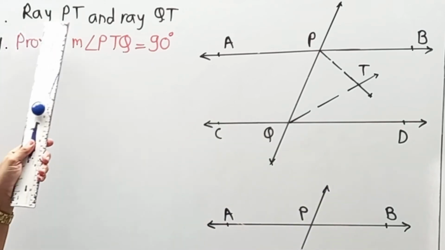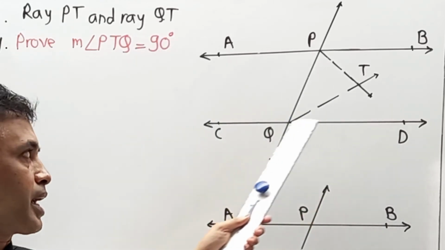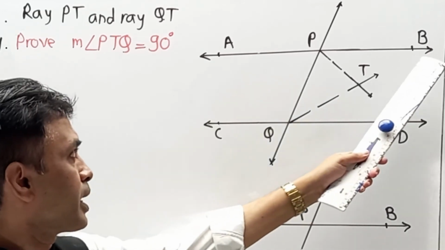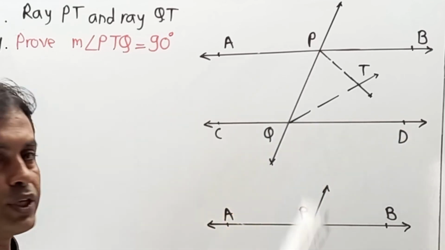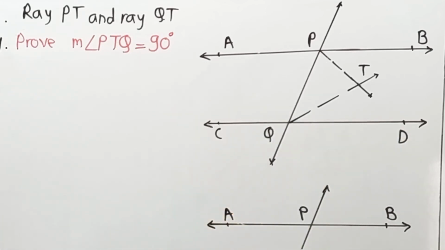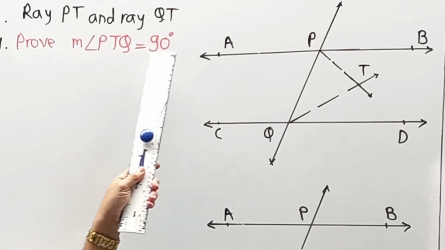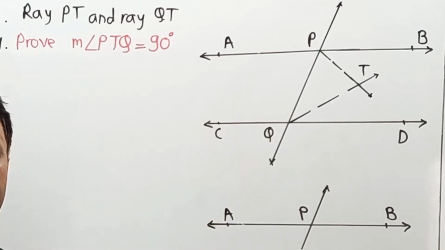Next, ray PT and ray QT are angle bisectors of angle BPQ and angle PQD respectively. What does it mean? We have to prove that angle PTQ is 90 degree. One by one, try to understand its explanation.